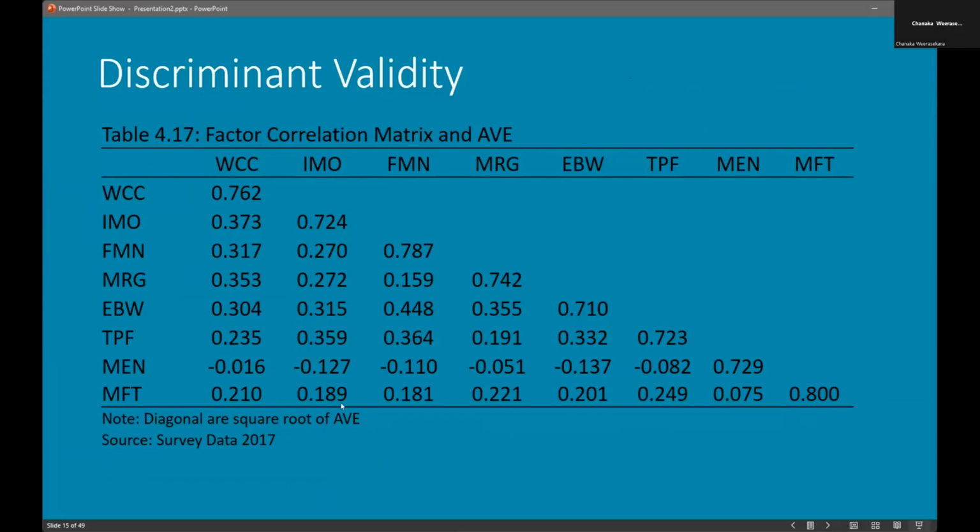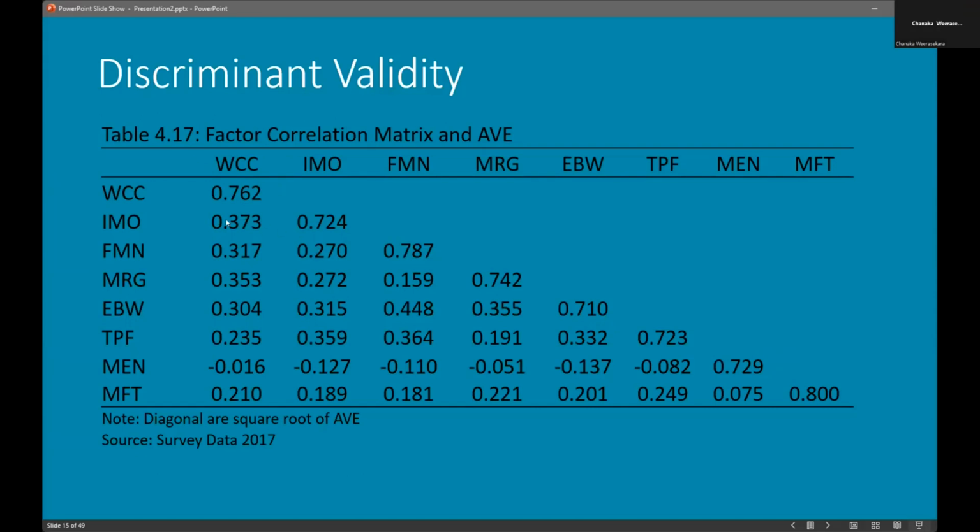If you remember, we calculated average variance extracted in order to establish convergent validity. Here we can use the same calculation to establish discriminant validity also. What we can see here is that all the values in the diagonal are much higher than the off-diagonal values.